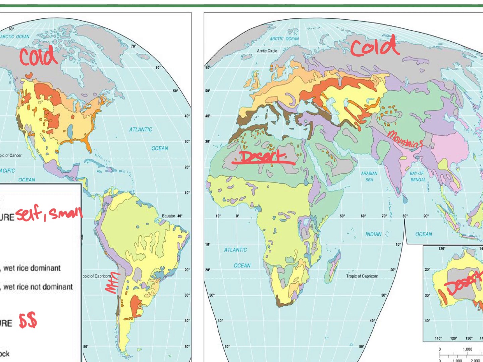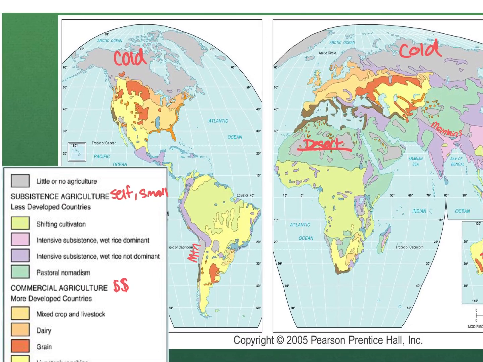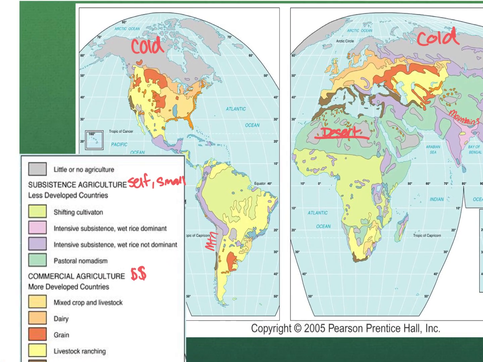So let's talk about subsistence agriculture. These lighter pale colors that we see. Shifting cultivation is that light green color. Where do we see that light green shifting cultivation the most? Not Asia, the light green. It's kind of that greenish yellow color. Okay, lots in Africa and South America, right? Right along the equator.